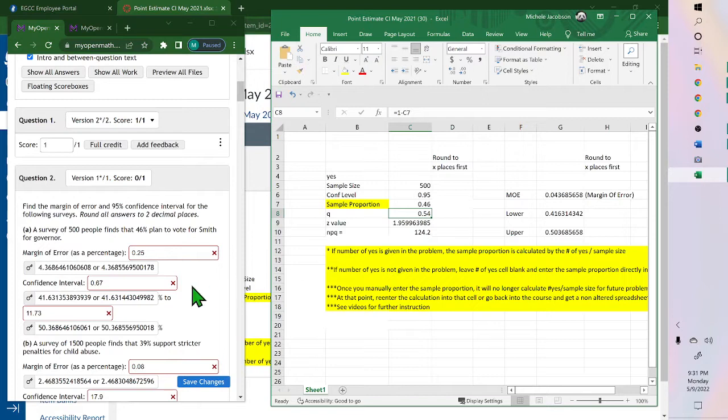So if we look at the next one, part B, a survey of 1,500 people, 39%. So sample size 1,500. And we're keeping the same confidence interval, but then this changed to 0.39.